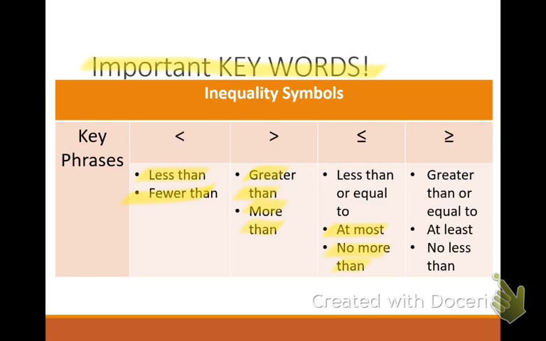But when I look at it in some of these words, sometimes it can get confusing. So I usually encourage you to think, if it says at most 13, that means 13 can only be the most, so that's less than. Any other number has to be less than that value.